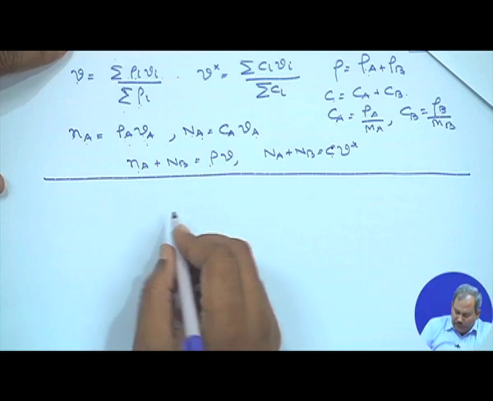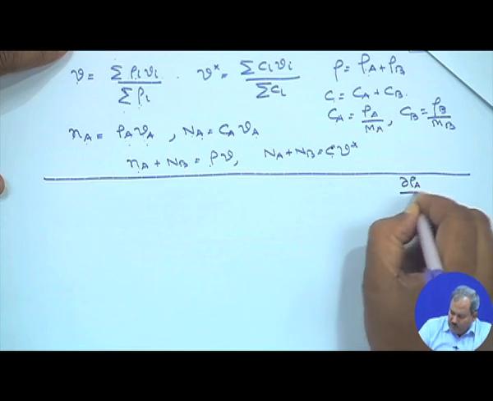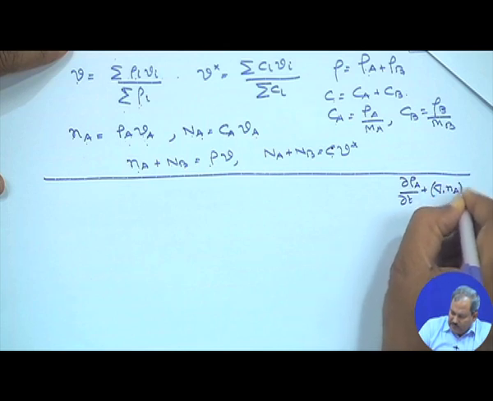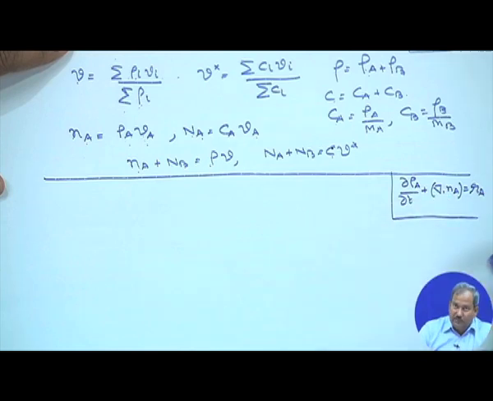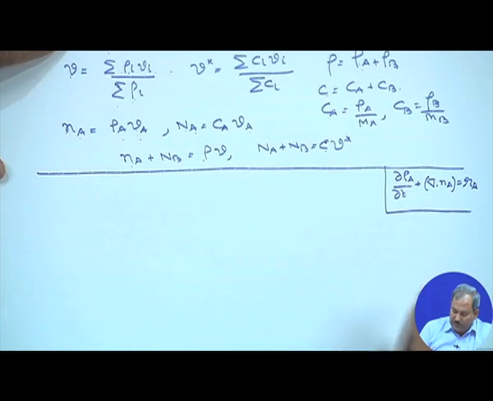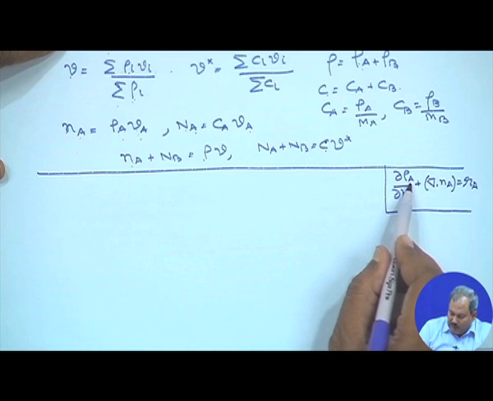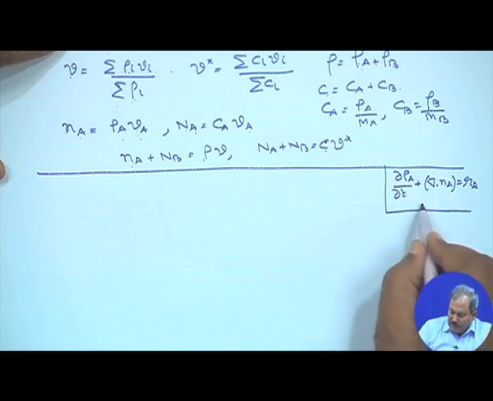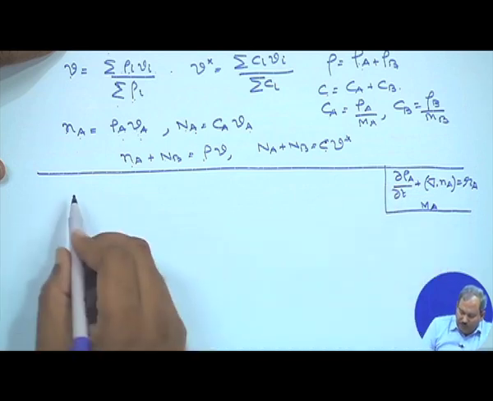If we write the expression which we have obtained before, del rho A by del t plus del dot Na is equal to Ra, all expressed in terms of mass, and if I divide both sides of the equation by Ma, the molecular weight of A, then this equation in mass terms can be converted to molar units.